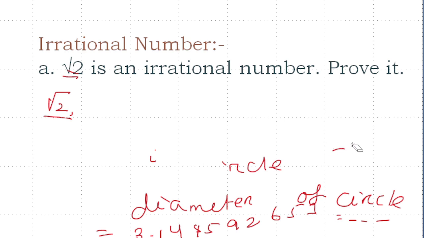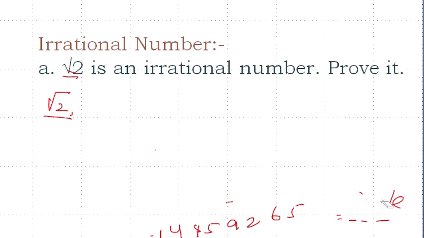Now for example, for now we take this as a rational number. Okay. So you all know that a rational number can be written in the form of a by b. Hence root 2 also can be written in the form of a by b.